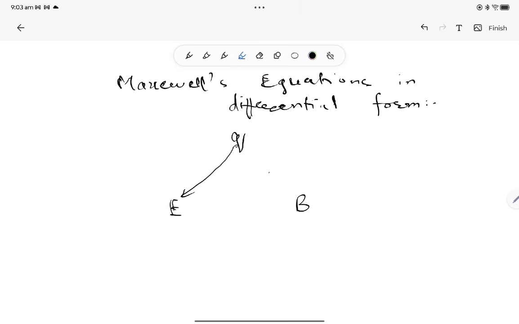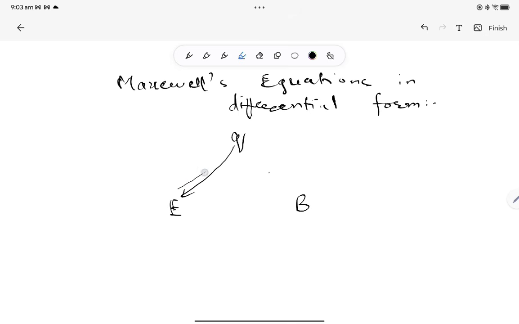That means even moving charges also produce electric field. Of course, with a difference, but we are not bothered about that difference right at this stage. What we mean is electric field has a source, at least one source, that is a charged particle.